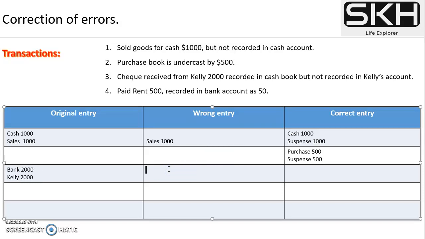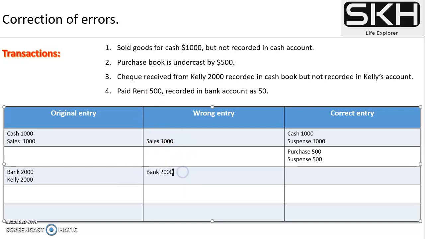I recorded in the cash book under the bank account 2000, but in Kelly's account I forgot to record, which means I did not record the second entry. So now how to rectify? Very easy. The bank account we have already written here, so we will record suspense account debit, and Kelly's account we did not record at first, so I will record Kelly's account here by 2000. So this is another example.